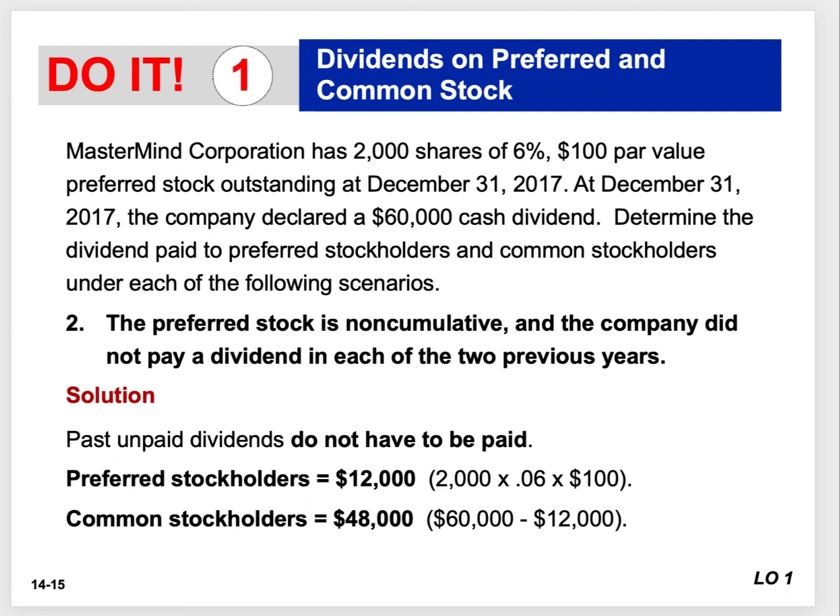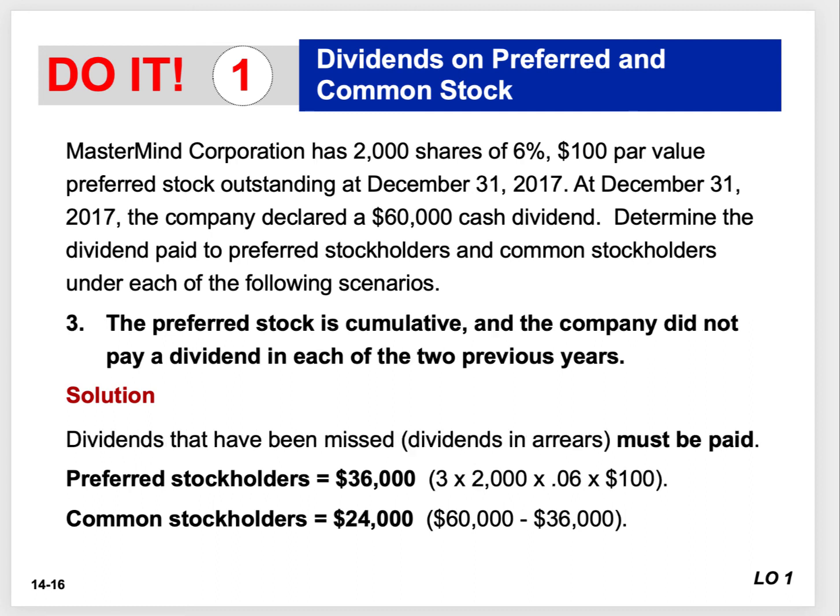We don't have to pay them because why? The preferred stock's non-cumulative. Exactly. So calculating how much we have to pay preferred shareholders, and how much the common shareholders get, it's the same calculation. Okay?